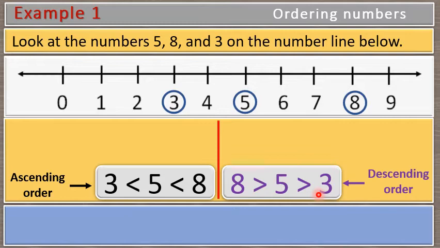I hope you understood the method of arranging numbers both in ascending order and in descending order. Now let us take one more example with a different kind of approach which will be simpler or easier for you.